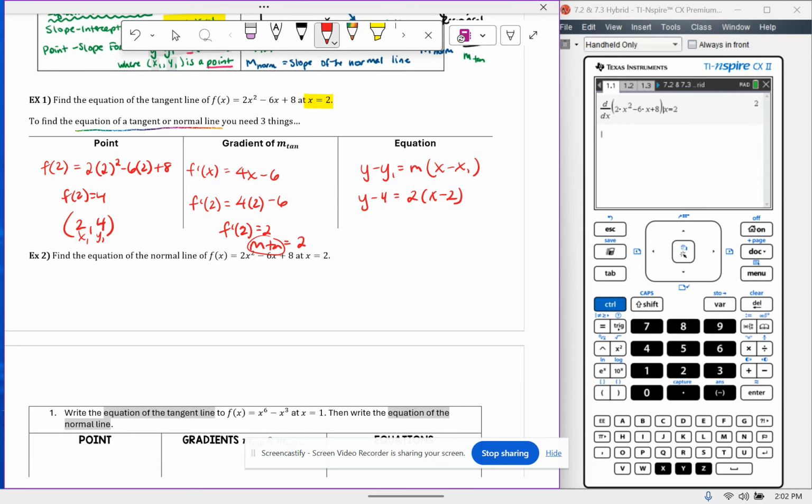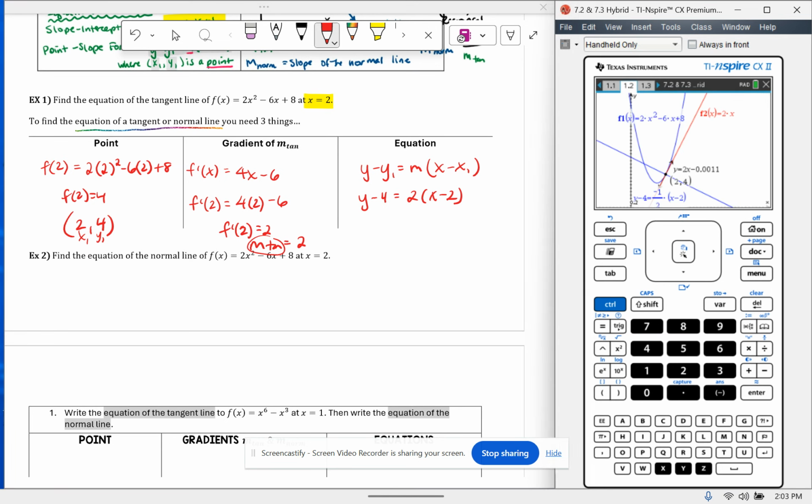Find the equation of the normal line. The equation of the normal line is going to be of the same curve at the same point. So what do we know about that common point up there? This is a graphical representation of everything that we just found, right? What do we know about that point that the normal, the tangent, and the curve pass through?